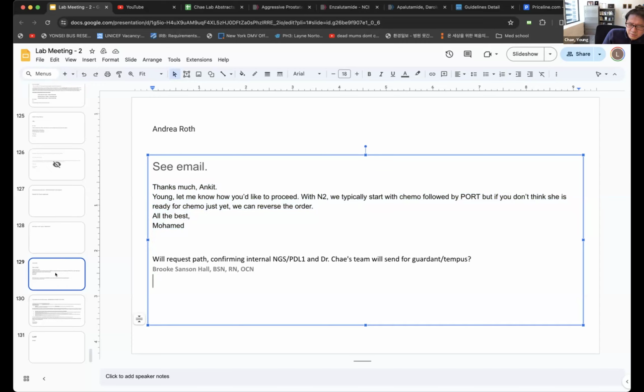So work with Bridget to send all the post-transplant labs. I don't know if she's ready for chemo. Do you have any update on her condition? Is she doing well? Still on oxygen? Do we have any idea?